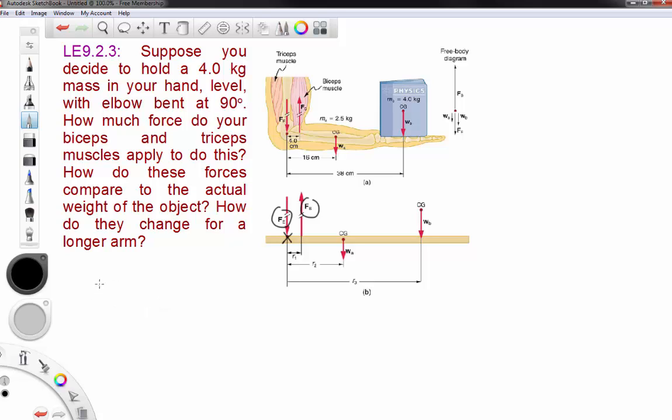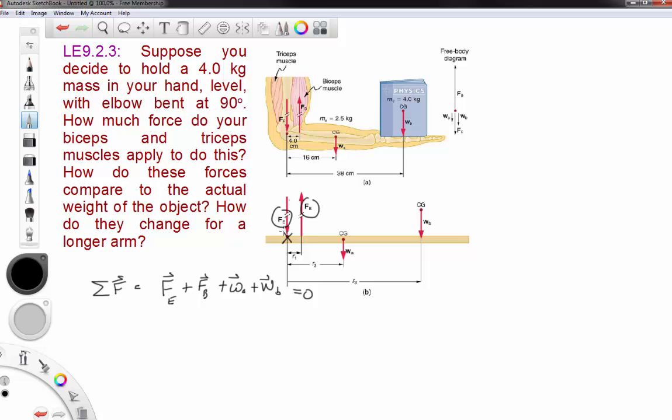So our sum of forces equation basically says that the force from the tricep muscles, which is labeled Fe in this diagram, plus the force of the bicep muscles, plus the weight of the arm, plus the weight of the book should be equal to 0.